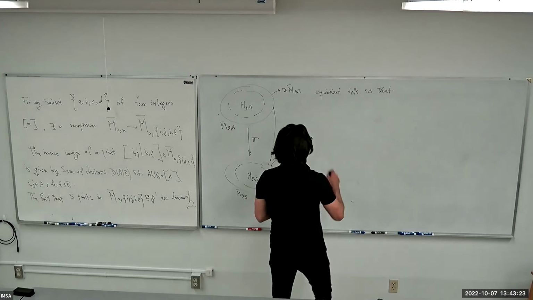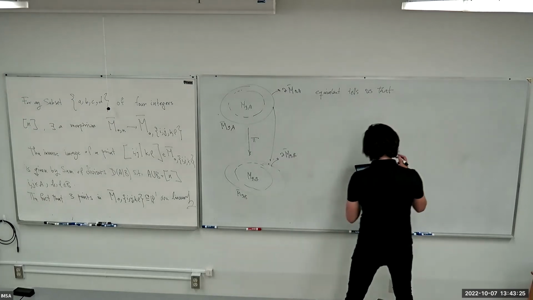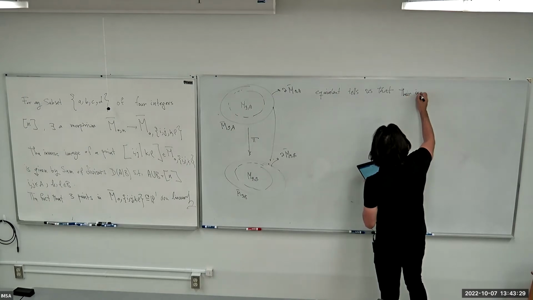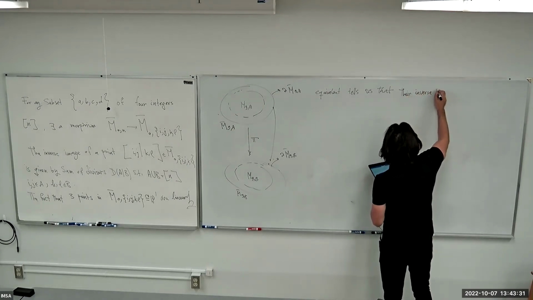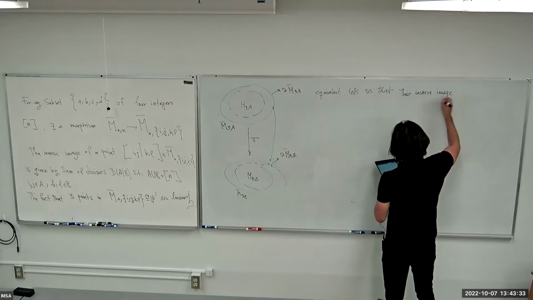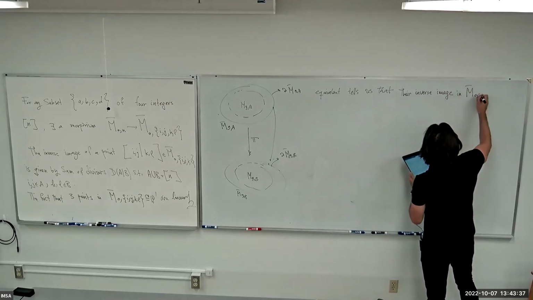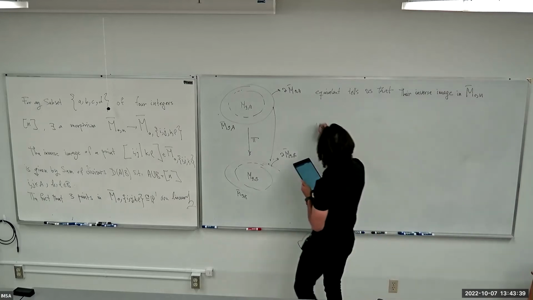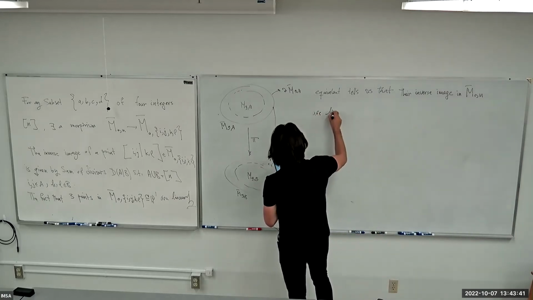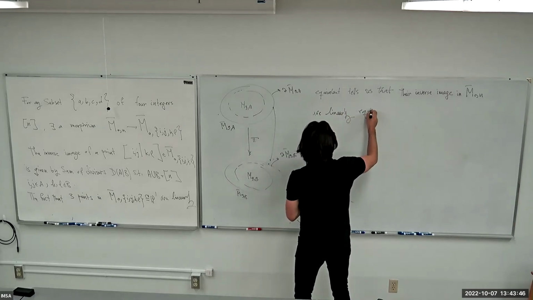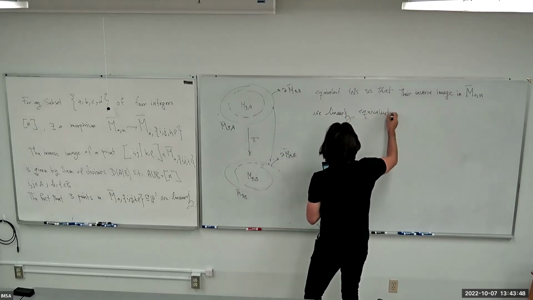So it tells us that their inverse images in M bar 0 n are linearly equivalent as well.